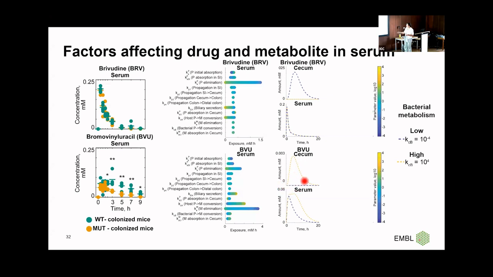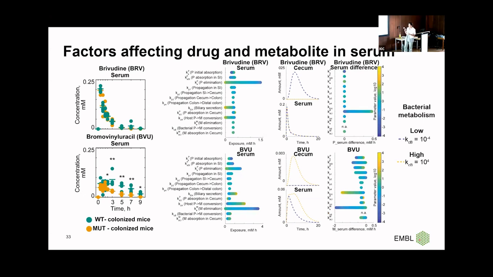You see here a flat line for green and for blue, and a lot of brivudin produced by the orange, but there will be no differences in the serum for the drug, whereas there will still be large differences in serum for the metabolite. And basically, we tested which of the parameters in our model are the bottleneck of microbes affecting also the drug levels, not only the drug metabolite levels.